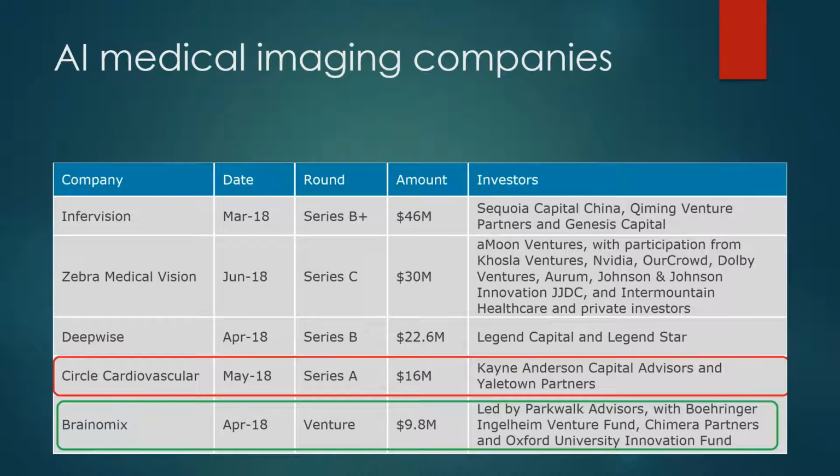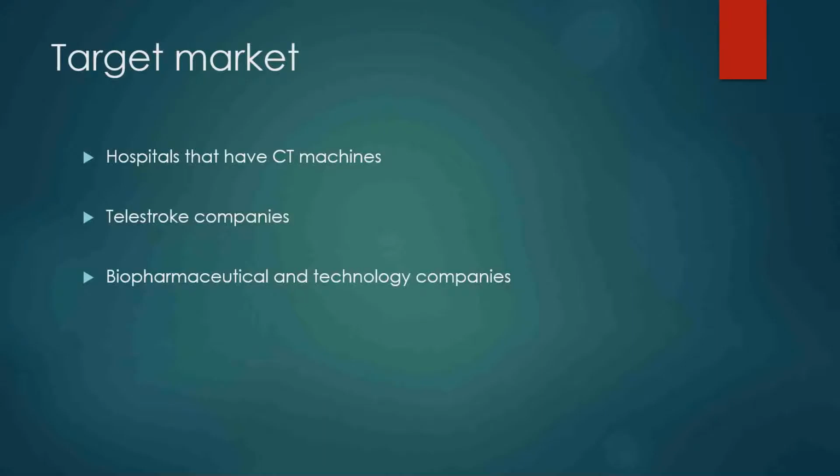The one at the bottom is our competitor, called Brainomix, and the one above it is called Circle Cardiovascular Imaging. That is a company in Calgary as well, and they're doing pretty well these days. We have some connection to their company; they know us, and we know them. You can see the future for AI-based medical imaging is great.